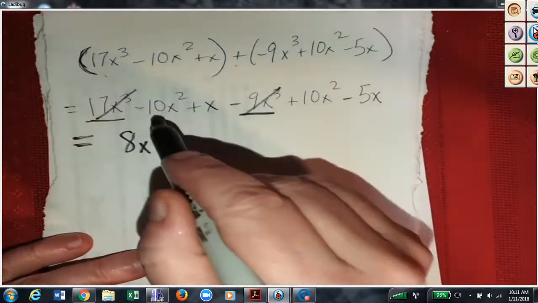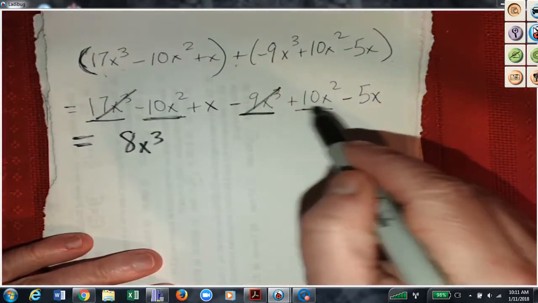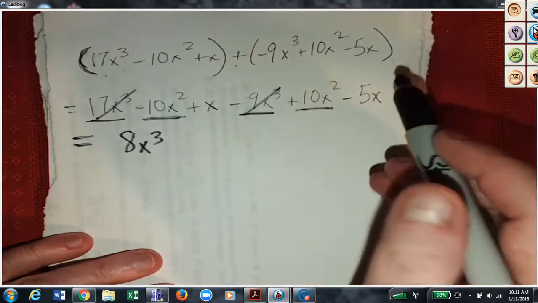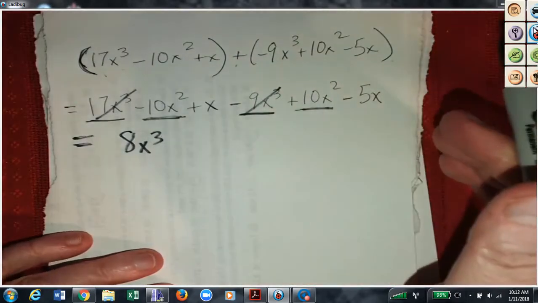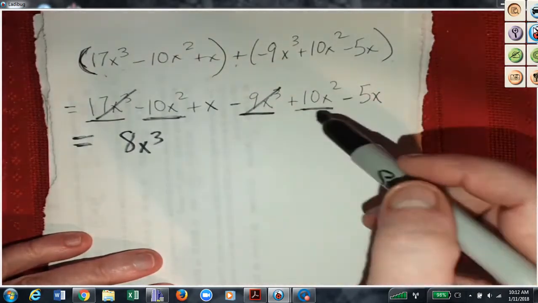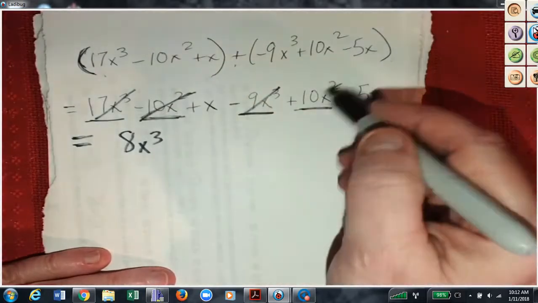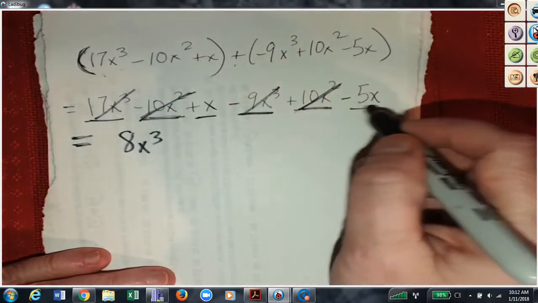All right, and now I have an x squared term here, and I have an x squared term there. If I combine these together, well, negative 10 plus 10 is 0. So negative 10x squared plus 10x squared, they cancel each other out. And then I've got plus x minus 5x.